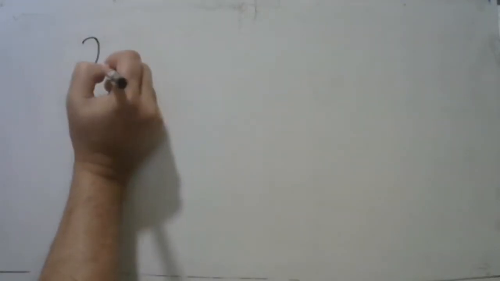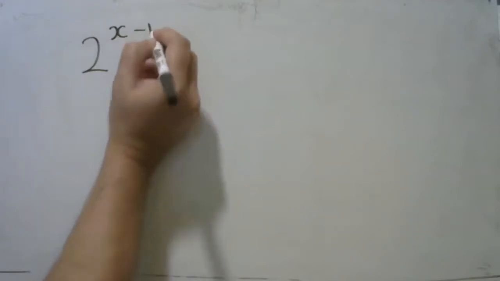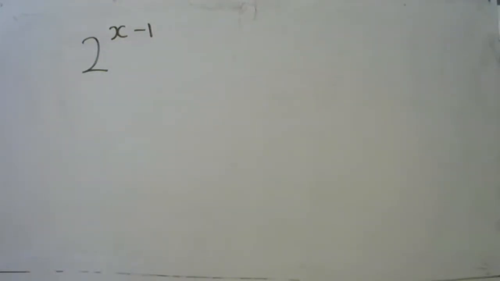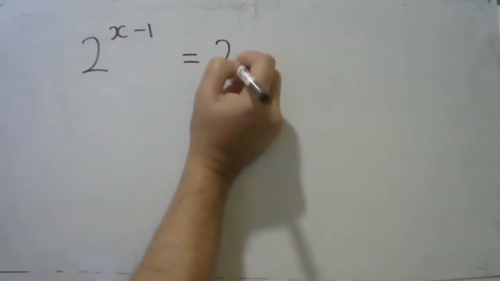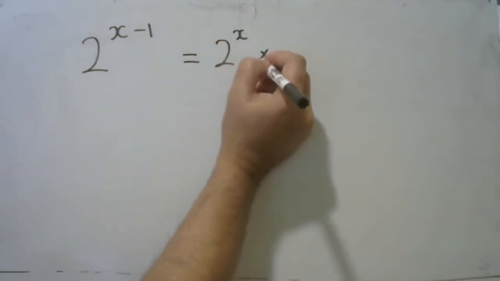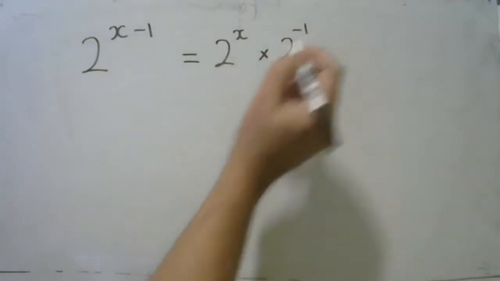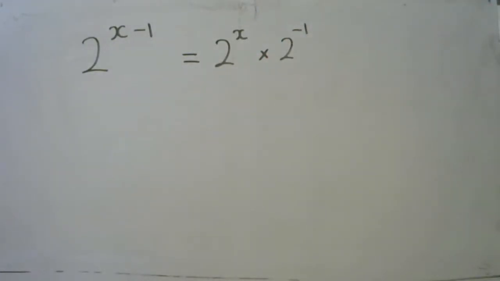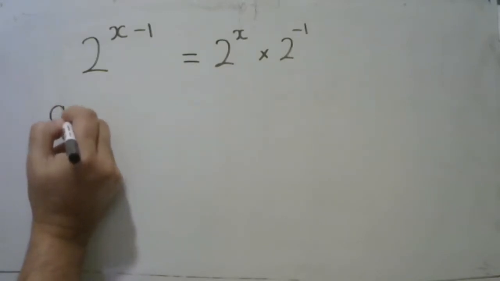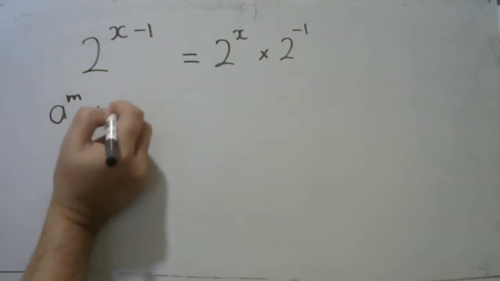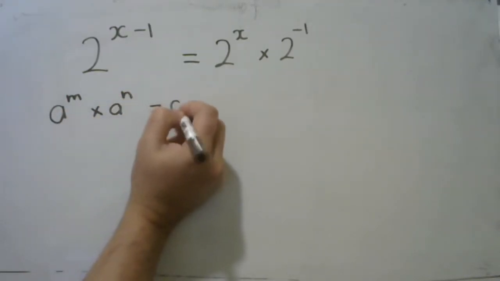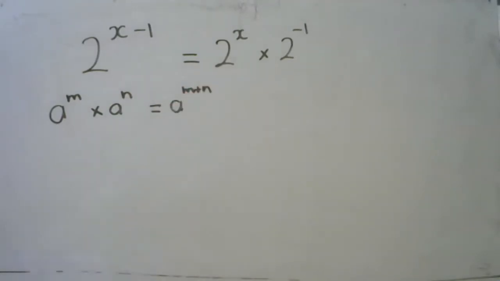Supposing you have 2 to the x minus 1. Now 2 to the x minus 1 can be written as 2 to the x times 2 to the minus 1, because a to the m times a to the n equals a to the m plus n.